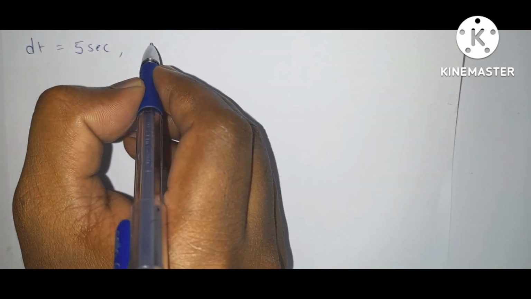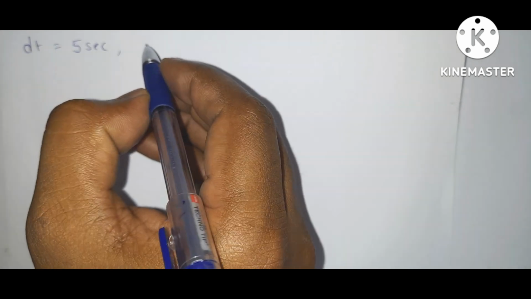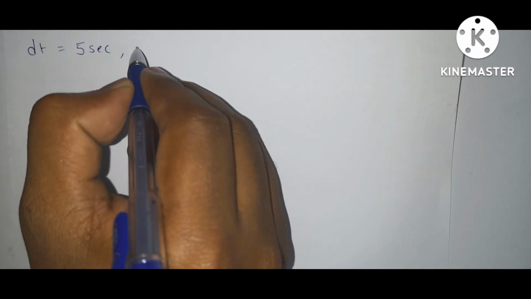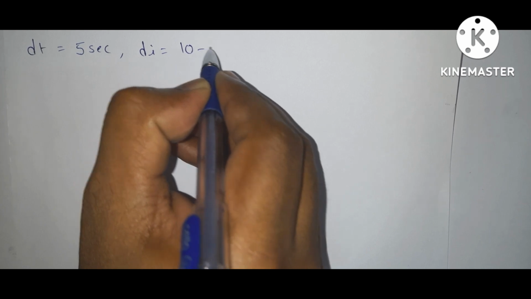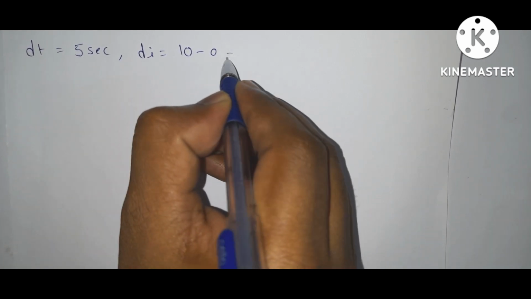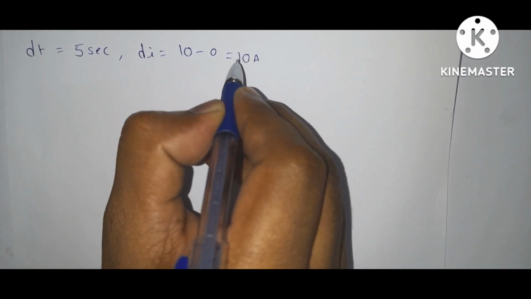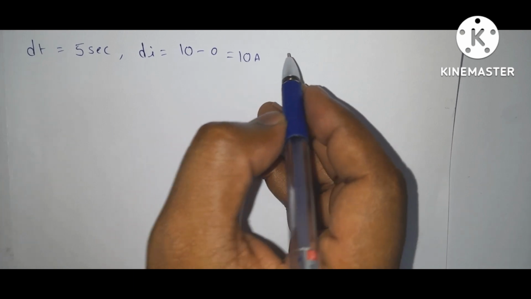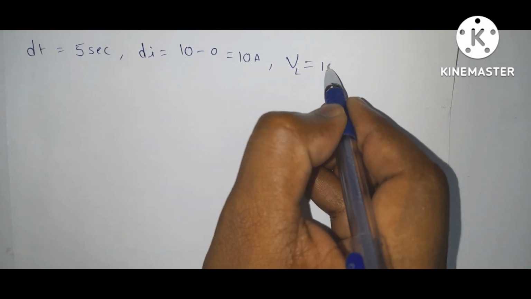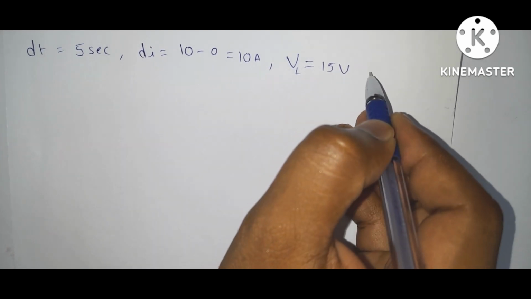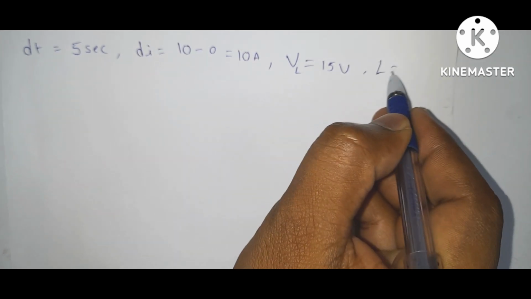Current is increasing from 0 to 10 amps, that is di. di is equal to 10 minus 0, that is 10 amps. Next, producing a voltage. V is given, V is equal to VL is equal to 15 volts. Then calculate the inductance value.